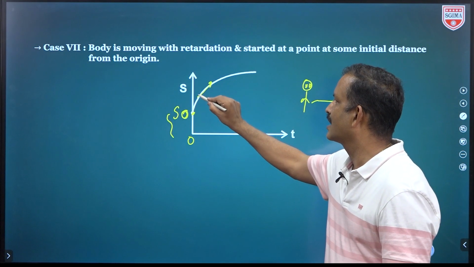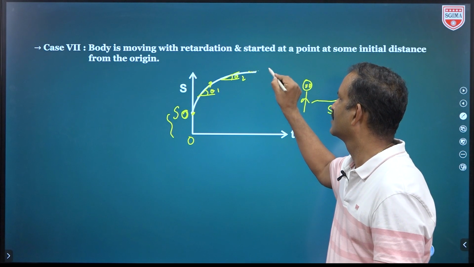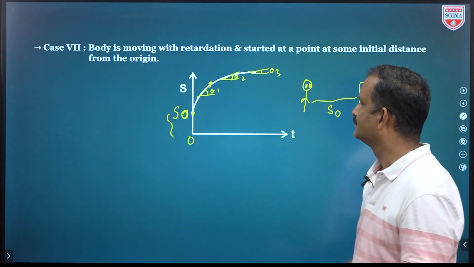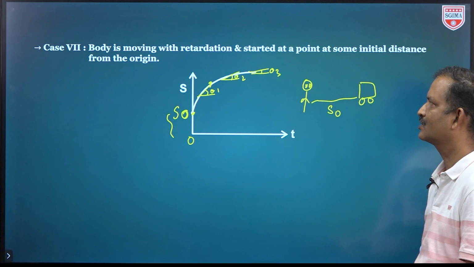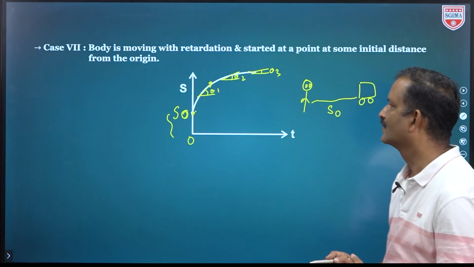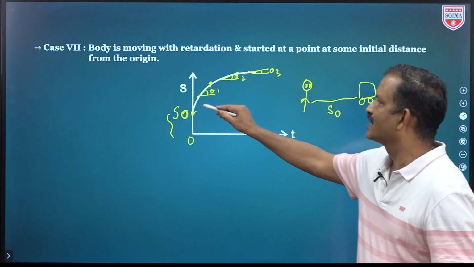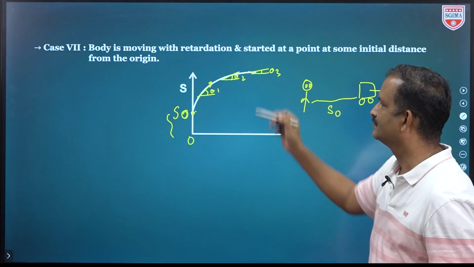Retardation means the graph slope is gradually decreasing. Slope decreasing means velocity is decreasing. But it started from some point, so displacement is positive, and velocity is also positive.